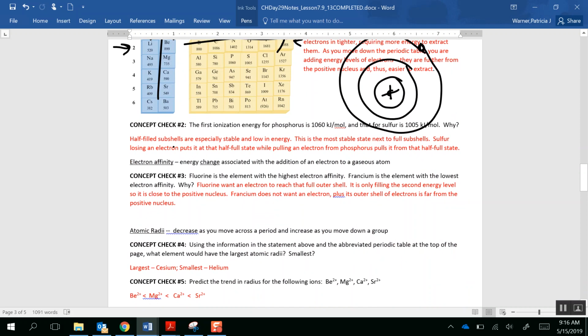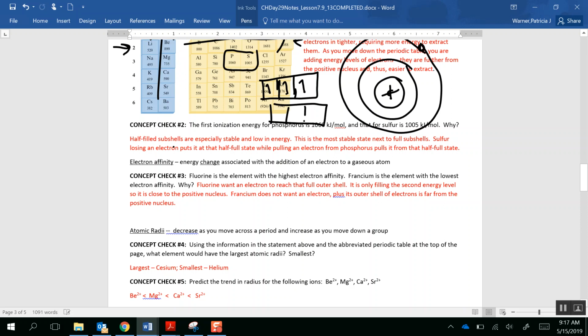First ionization energy for phosphorus is 1060. Sulfur is 1005. Why? Okay, so if you look at what's happening right here, phosphorus in its p orbitals, so there's your electron box diagram. Phosphorus looks like that.